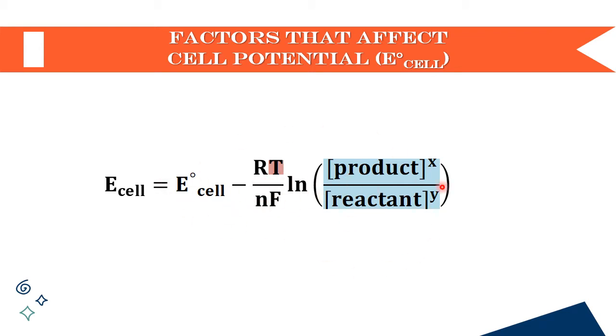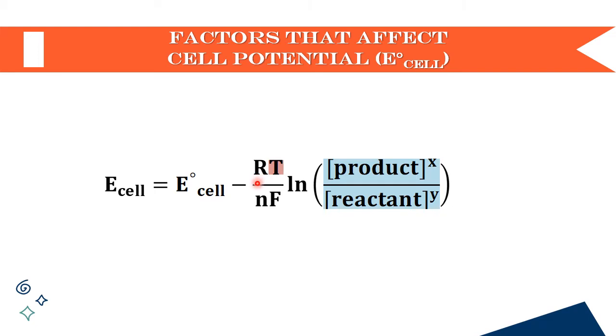I'm just showing you this to tell you the factors that can affect the value of E cell. If you look at your lecture note, there are steps on how to get the Nernst equation we used before, but you don't need to know how to derive it. Just use the value.